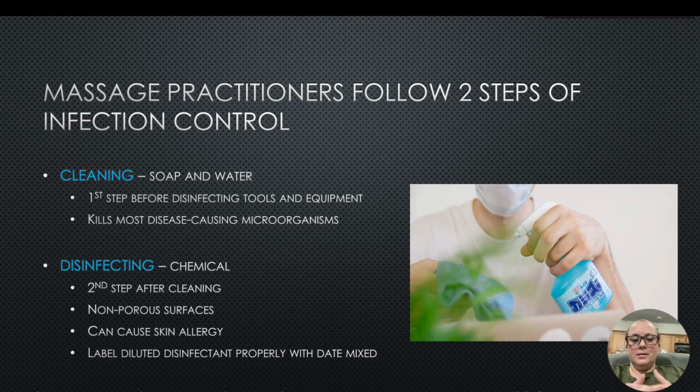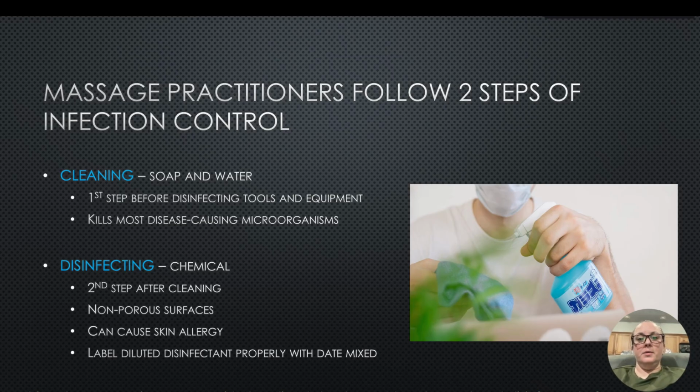So for instance, say I use a hot stone on somebody, and we'll learn hot stones. So I'm using this piece of equipment on a client, massaging them with it. It is now covered in my lubricant and their dead skin cells and whatever dirt might be on their body when you're massaging them.